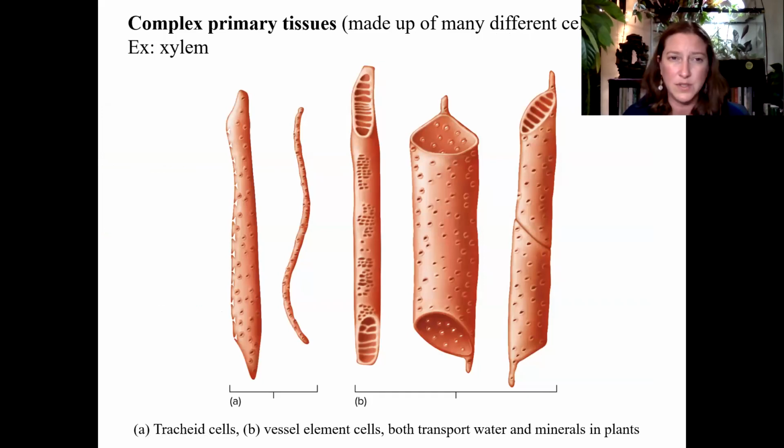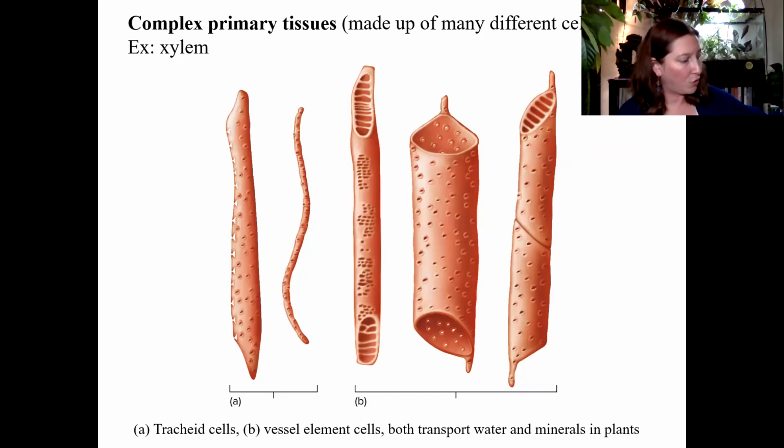Now I'll show you some examples of complex primary tissues, which means they're made up of many different types of cells. One example is xylem, which we have already talked about. Xylem is part of the vascular system in plants. It transports water from the roots to the leaves, all the way up through the stem.